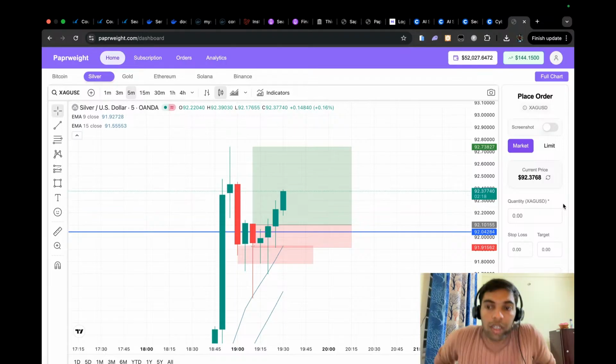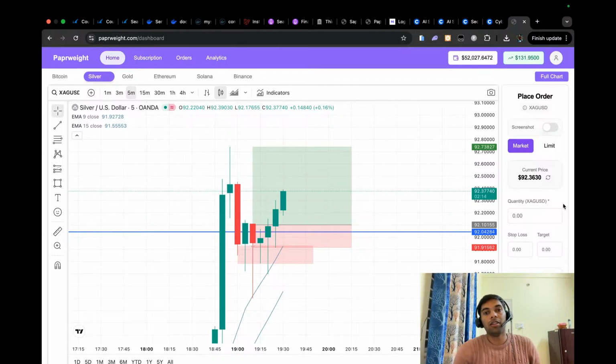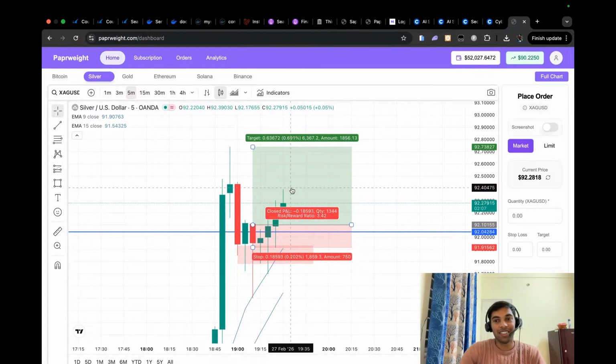Okay. Now silver is moving, showing the momentum on the upside. Okay, as soon as it faces a rejection from this area, we have to be a little bit careful in silver as well.